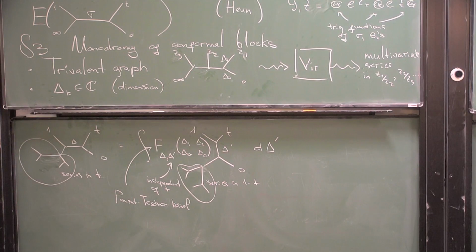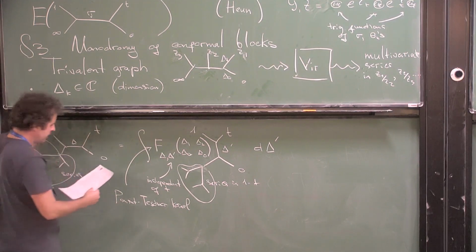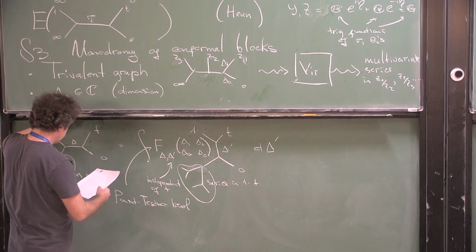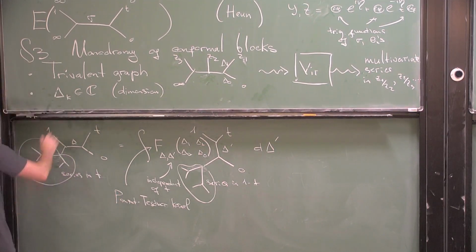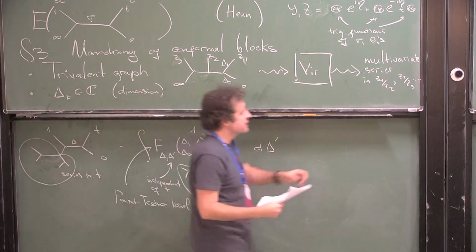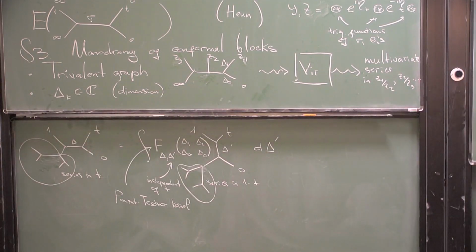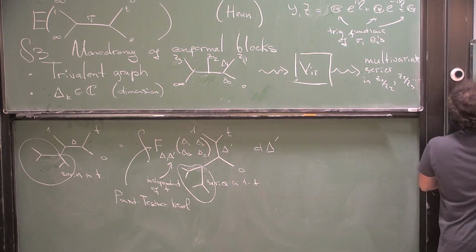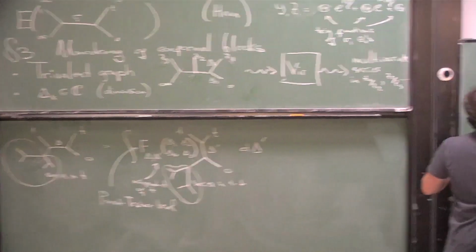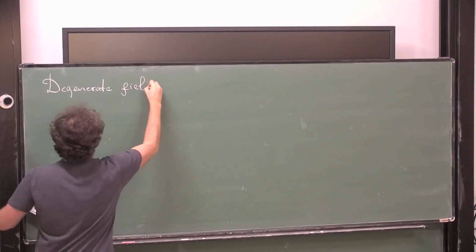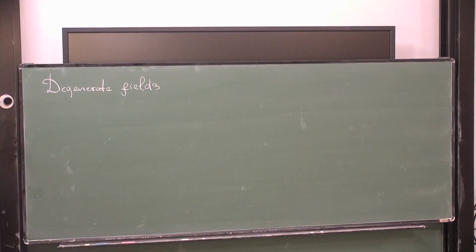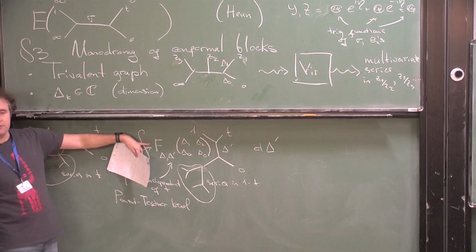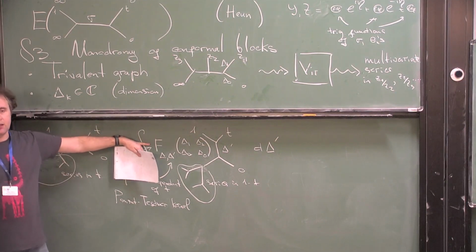Right? And this becomes particularly handy when we start to study the monodromy of conformal blocks with respect to positions of degenerate fields. Because in this case, the integral that we have over here becomes just a sum, right?